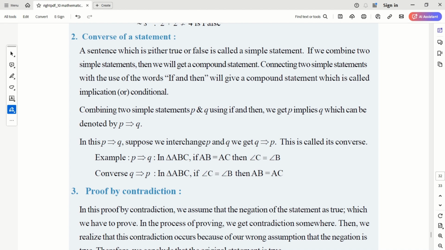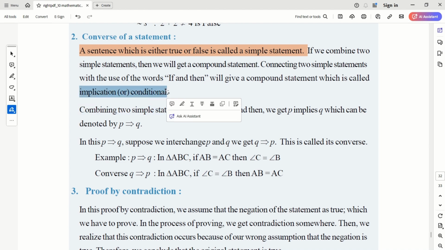What is a converse statement? A statement which is either true or false is called a simple statement. If we combine two simple statements, then we get a compound statement. A compound statement is nothing but a combination of two simple statements. Connecting two simple statements with the words if and then gives a compound statement called an implication or conditional statement.